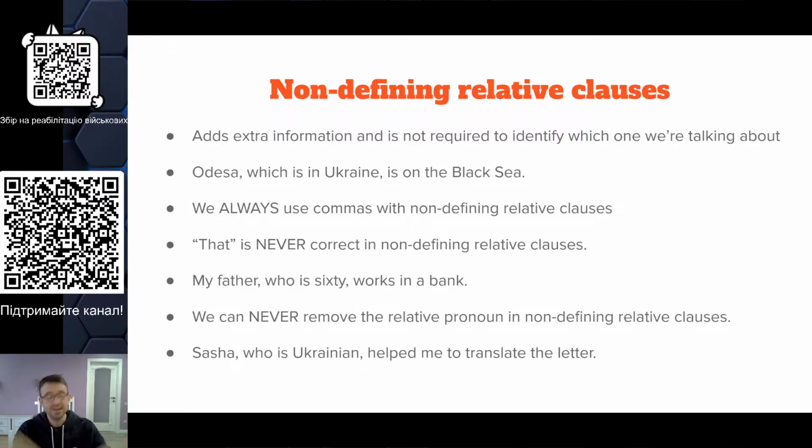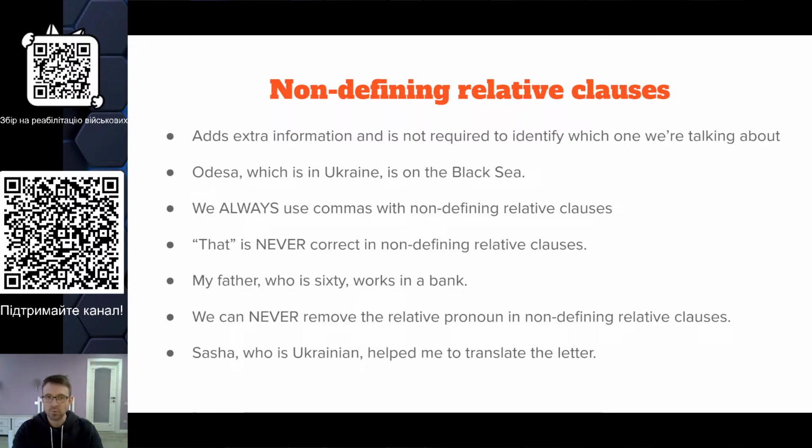Okay, what woman? It's not complete, it's not finished. So this is a defining relative clause. A non-defining relative clause, which is the one that we're going to have a look at now, is one where we have extra information. And the information is not necessary for the sentence.